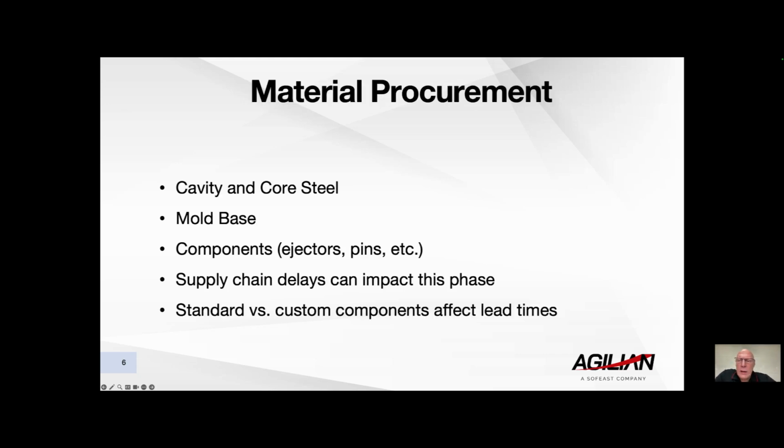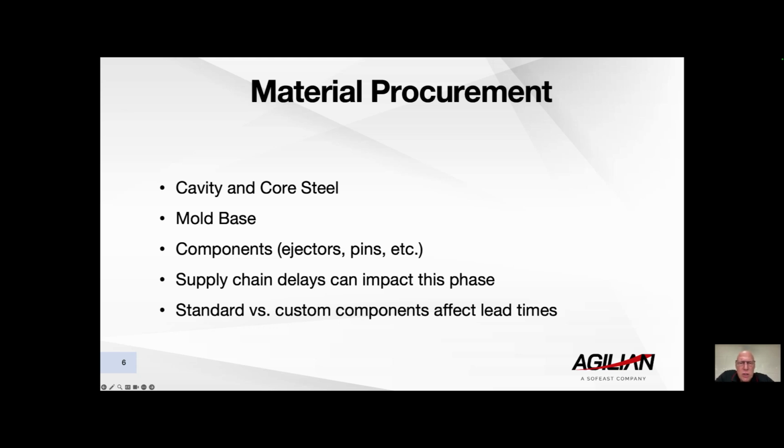But before we cut any steel, we're looking at material procurement. Now, we're looking at different types of steel for different parts of the tool. The cavity and the core, or the core and cavity steel, whatever way you want to say it, is basically where the money is, because this is where all of the detail goes into the actual tool itself.